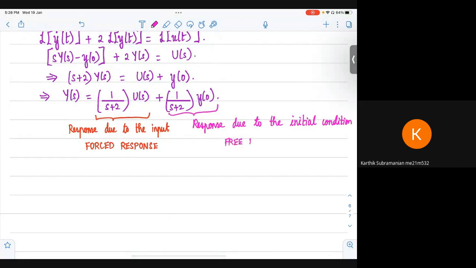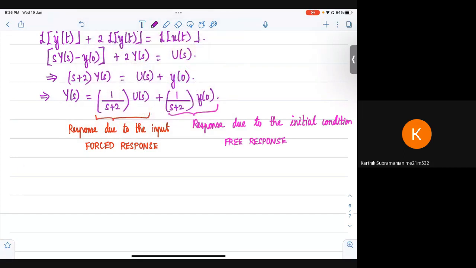In general, the response of a dynamic system consists of these two components, the forced response and the free response. The free response is due to non-zero initial conditions, and the forced response is due to the input which is provided. Okay, so that's something which we need to remember.